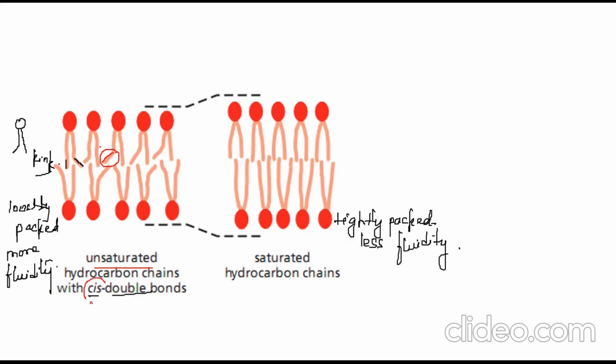So remember, the cis double bond structures are more fluid. Now another one, the saturated one, they have the saturated hydrocarbon chains and they are tightly packed and have less fluidity. So that's it for the fluidity of the biological membrane.